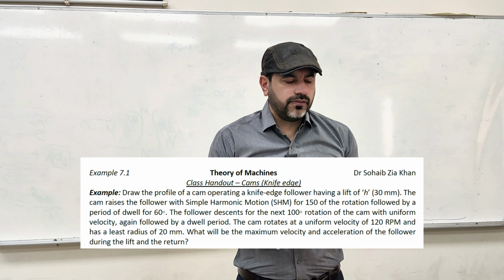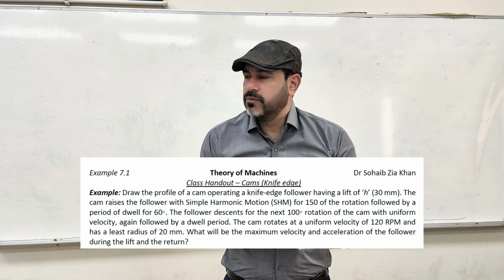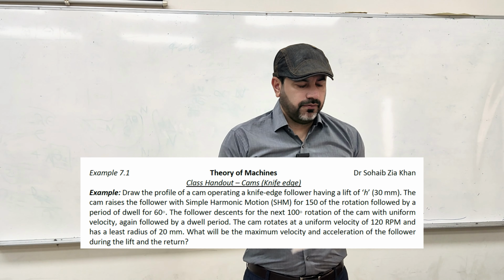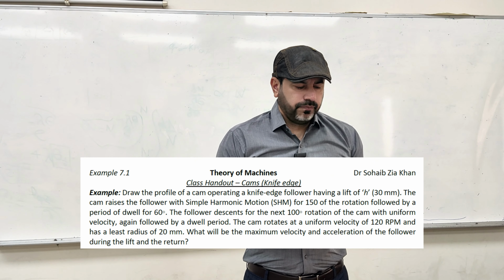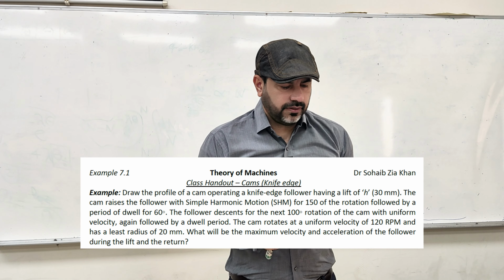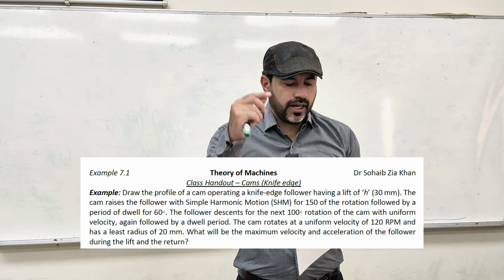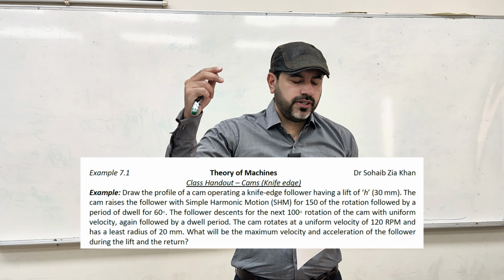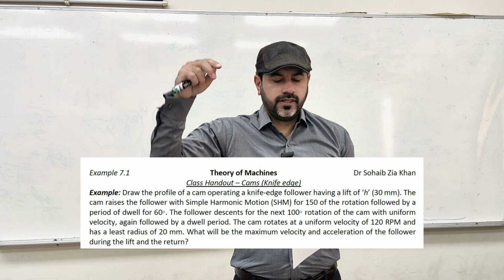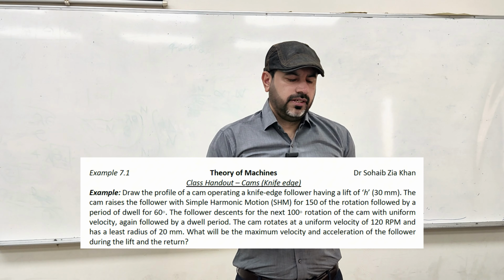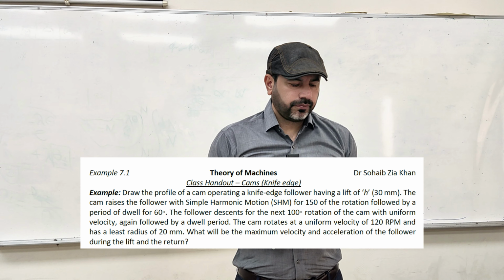These are the velocities of the follower. So when the follower rises, it follows simple harmonic motion. Then there is a dwell period, and when it's going down, it follows uniform velocity.